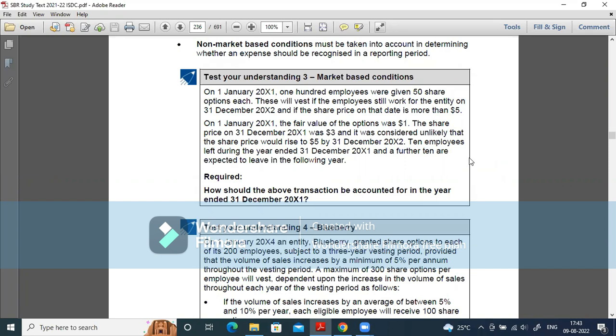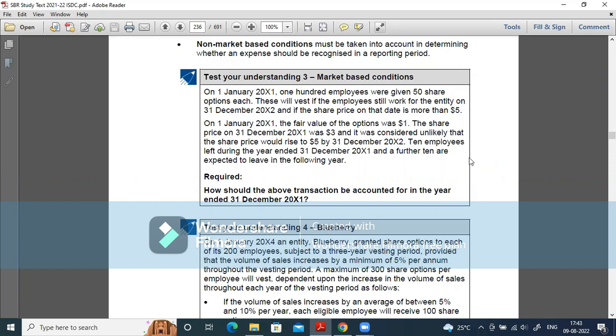Now, here try to understand the condition. On January 2001, 100 employees were given 50 share options each, and these will vest if the employees still work for the entity on 31st December 2002. What kind of condition is that?